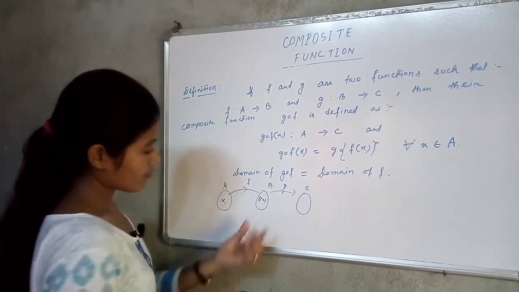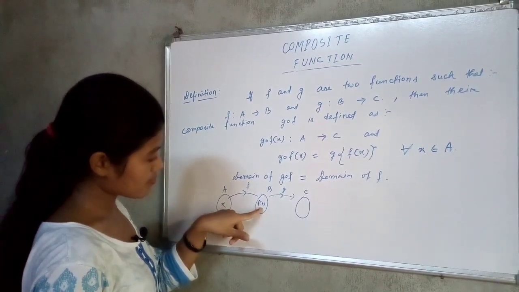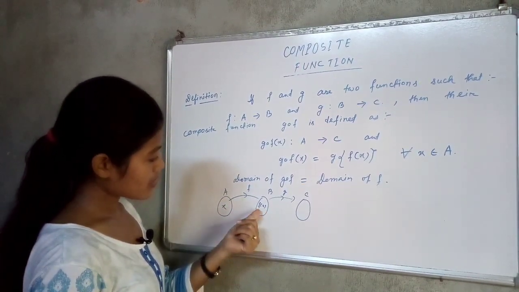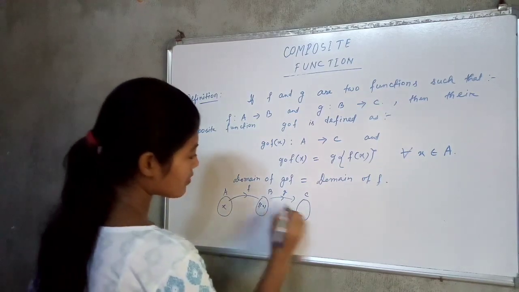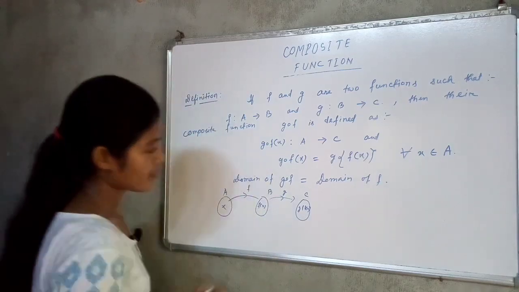Now if this is an element in the domain set B, then the image of this f(x) will be in the form g(f(x)), right?